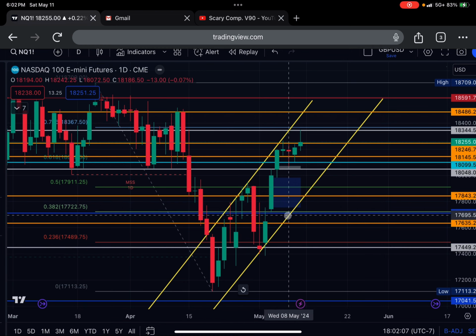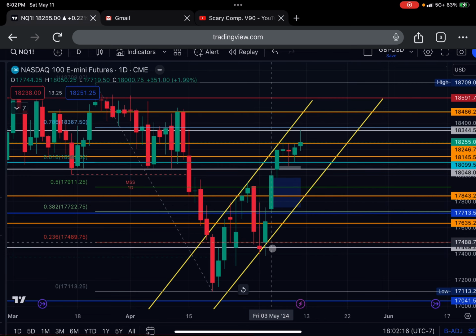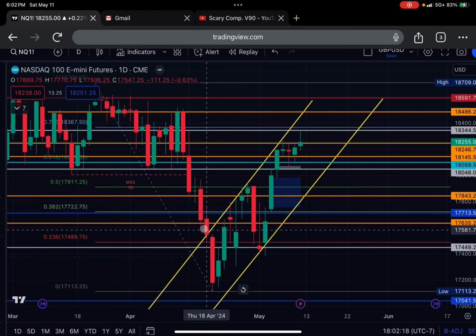And you can tell also that 0.5 is an area where price likes to come to, and also shot down. And you see it came down.